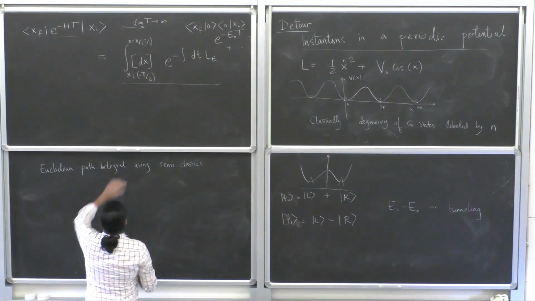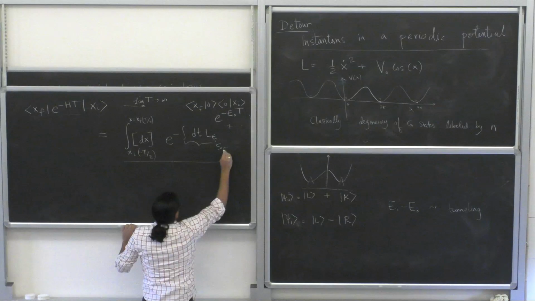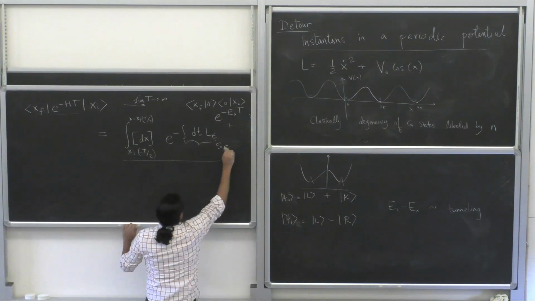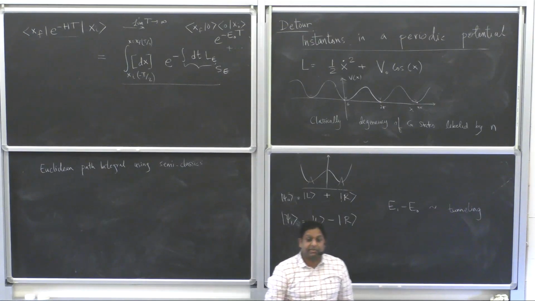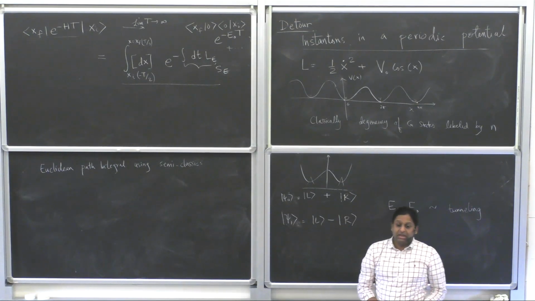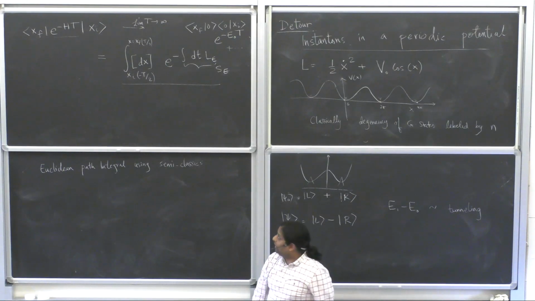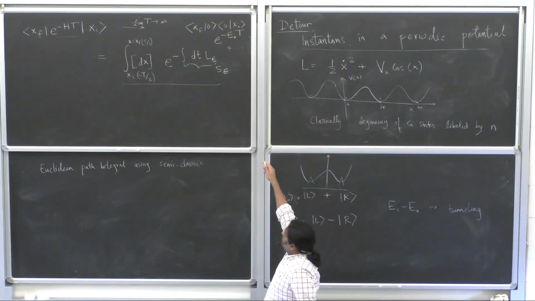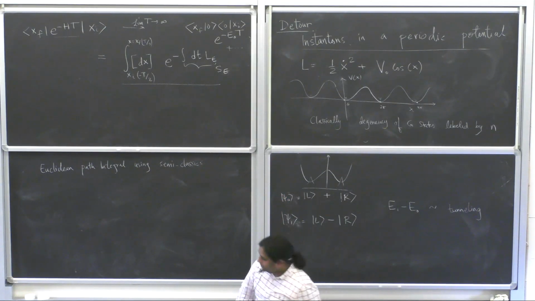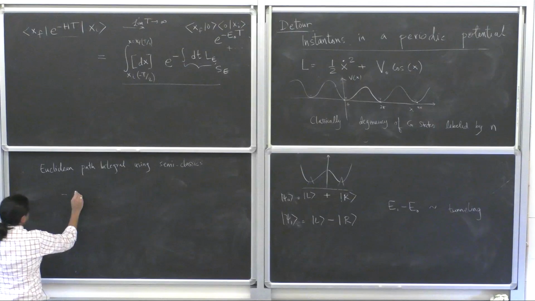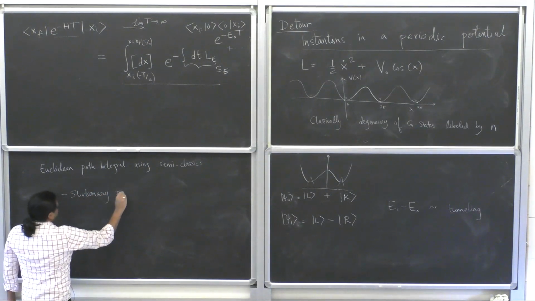So the Euclidean action, this quantity, we can find places where the Euclidean action is stationary, and we can do small fluctuations about those stationary points. Our integral is going to be given by the Euclidean action at the stationary points times fluctuations. So the first thing is to find stationary points of the Euclidean action.